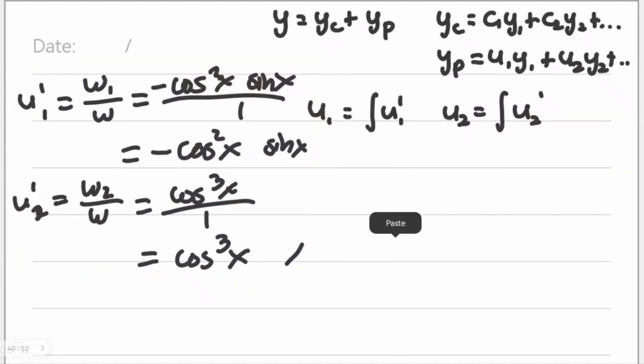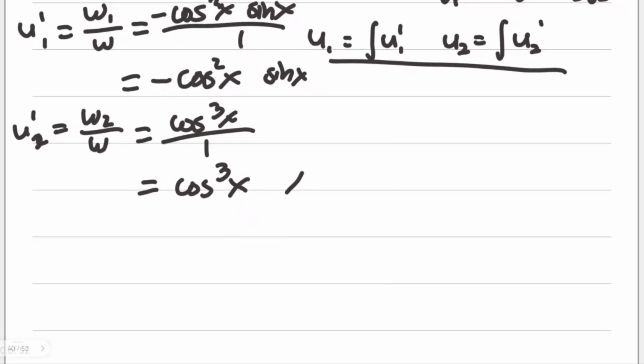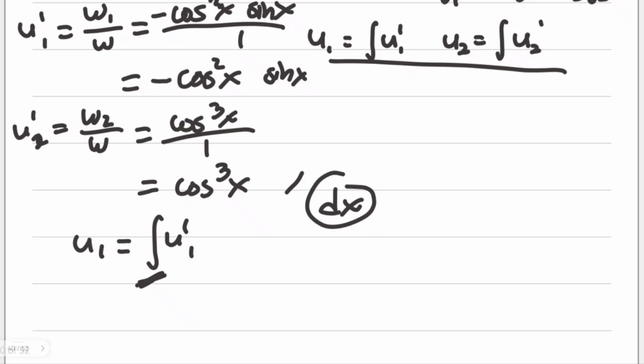So this is the formula that we're going to follow now. So let's solve for our U sub 1, which is just the integral of U prime sub 1. And this time, please don't forget that dx will appear here because we are now integrating with respect to our variable x.